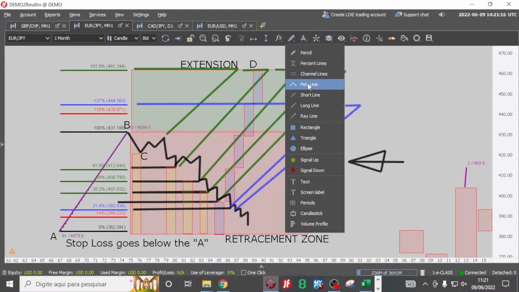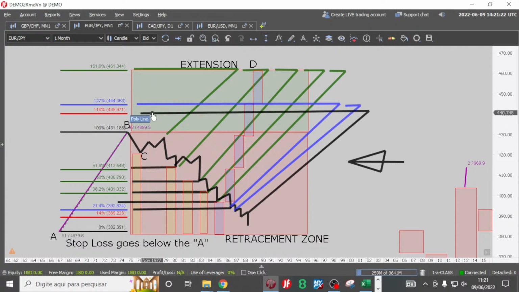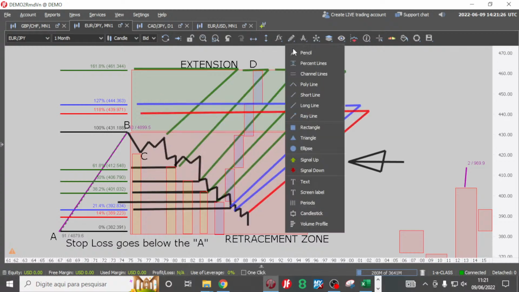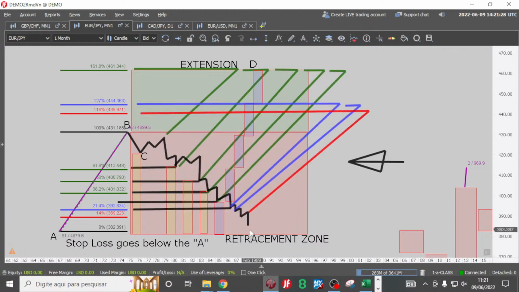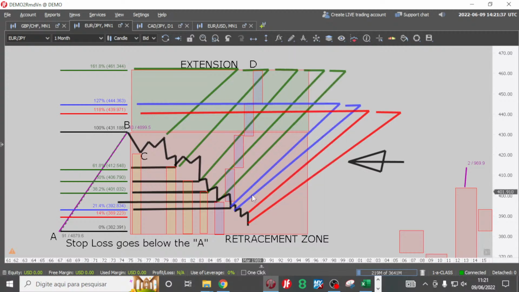Yes sir, red goes to red, exactly. So red goes to red. This is the red one. Let's change colors. And here it is one more time. Red goes to red, and short line, polyline.